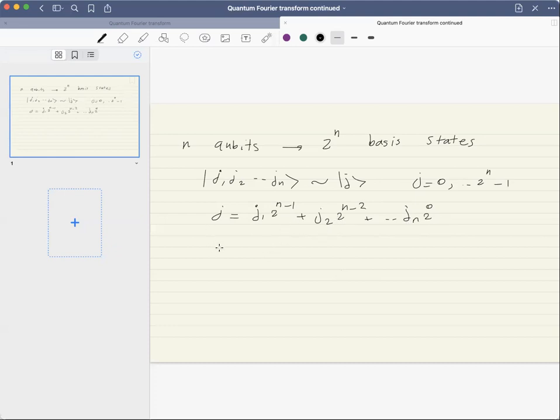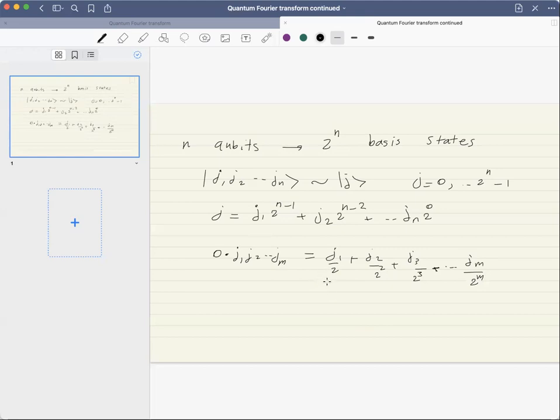We also introduced a notation 0 point, let's say J1, J2 up to Jn or Jm in general. It doesn't have to be the number of qubits. It can be just 1, 2, or as many. And that's shorthand for J1 over 2 plus J2 over 2 squared plus J3 over 2 cubed, all the way to Jm over 2 to the m.